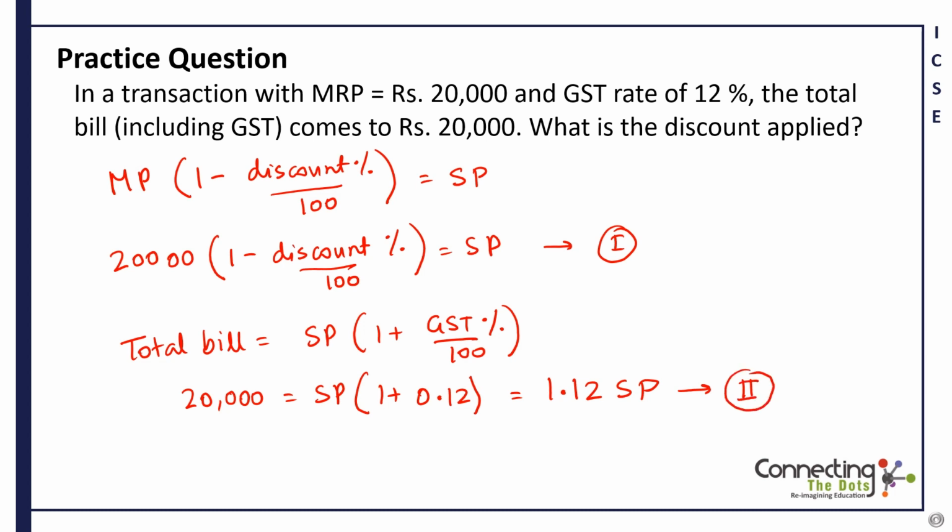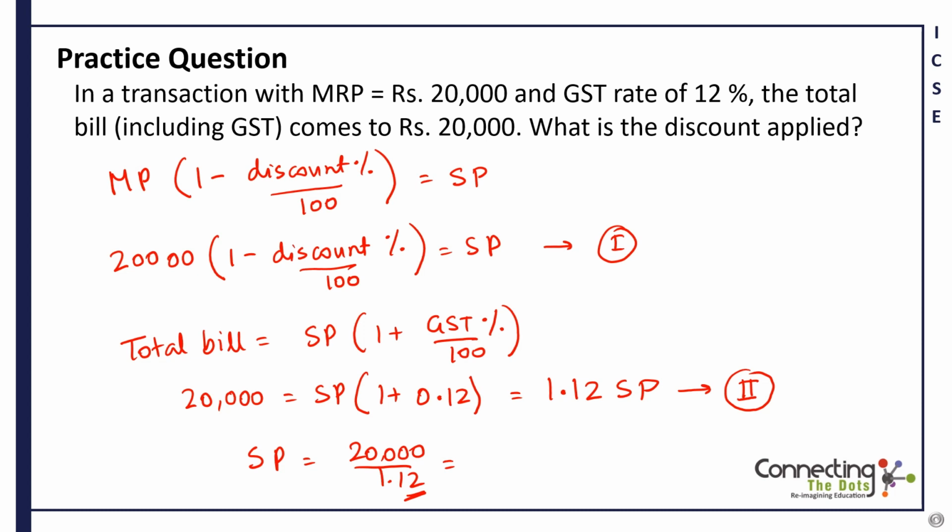Using the second equation, we can calculate the value of selling price. And how do we do that? So selling price becomes 20,000 divided by 1.12, giving us the selling price. So we will use this value in the first equation.